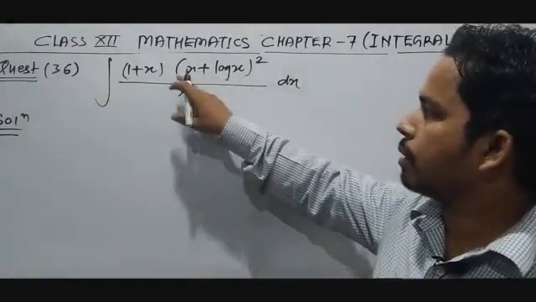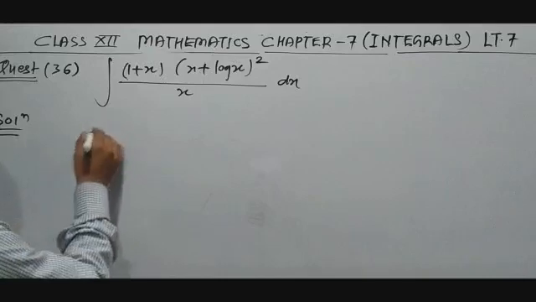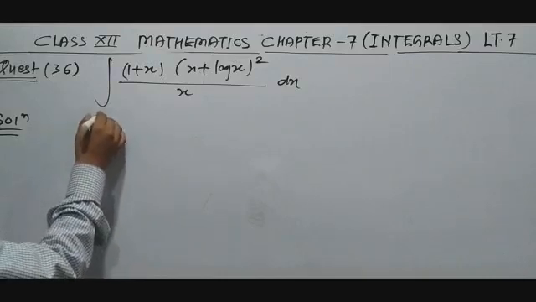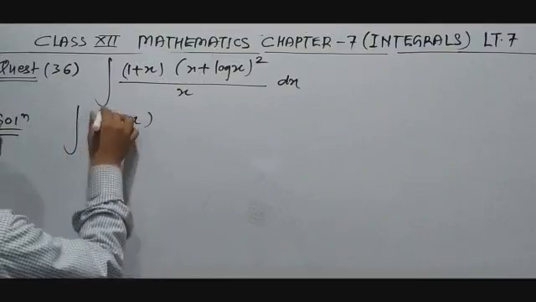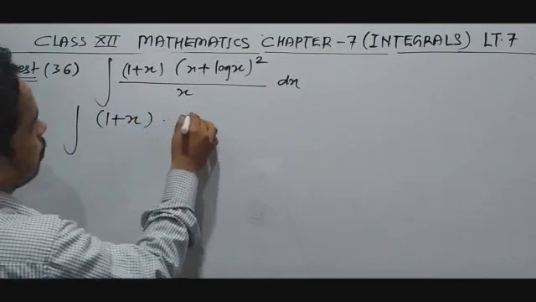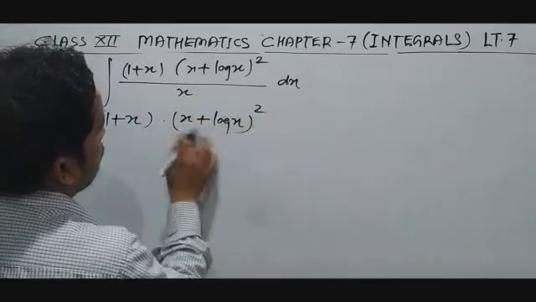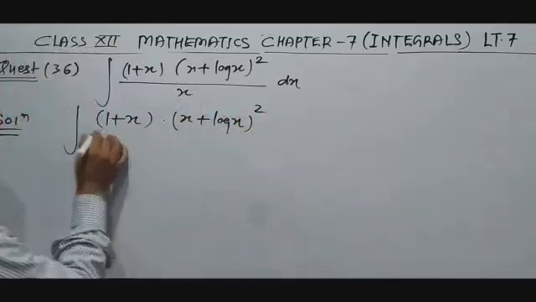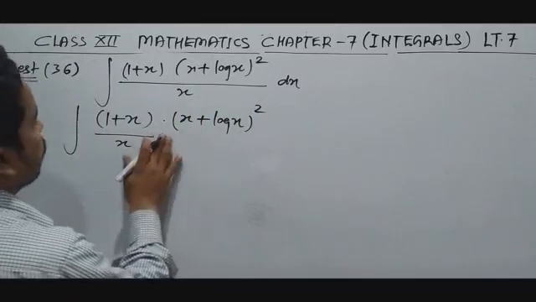So we have to convert this function in terms of 1 plus 1 by x. So how is it possible? First of all, write the function (1 plus x) into (x plus log x) whole square, and now this x can be written in this format.